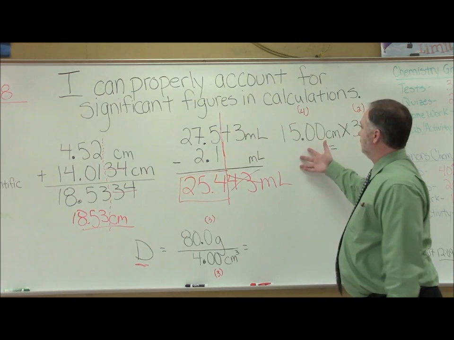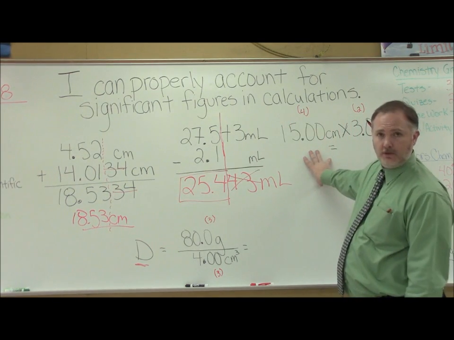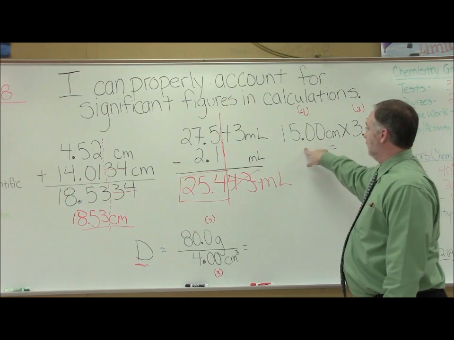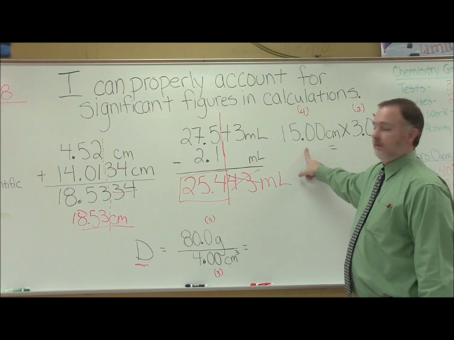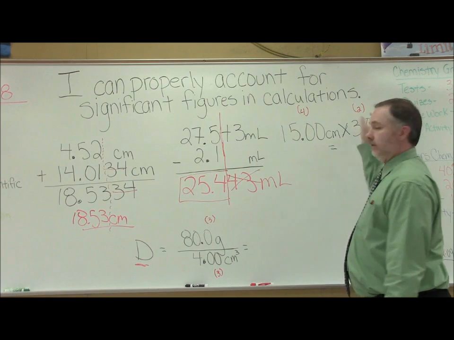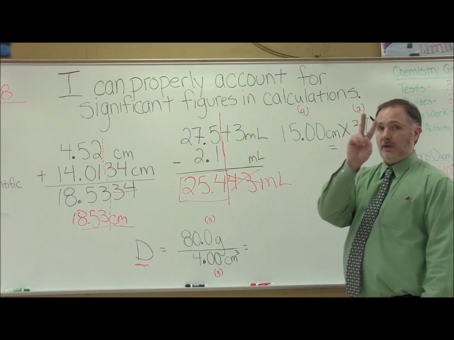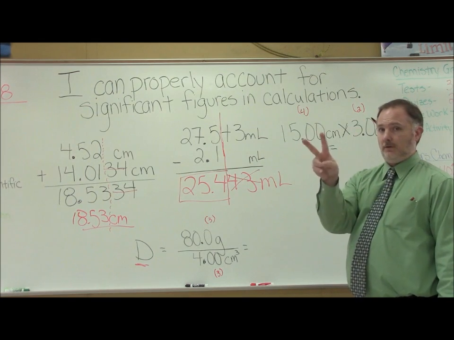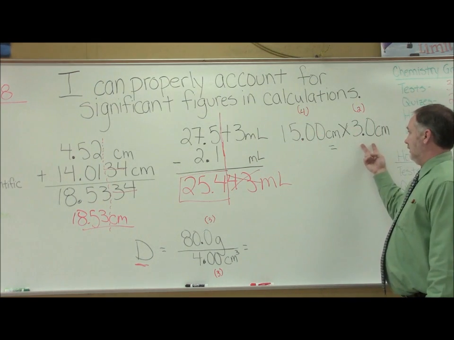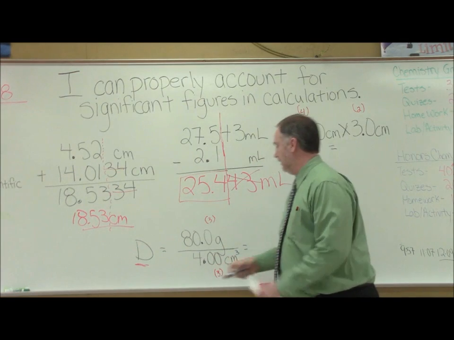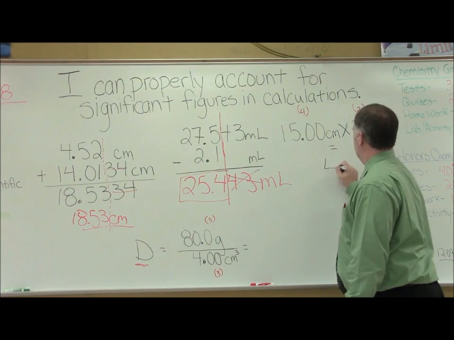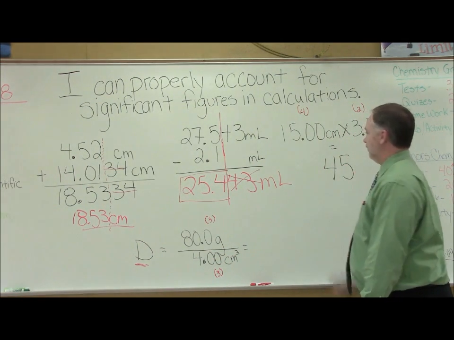Now let's take a look at our multiplication. 4 sig figs right here in that 15.00 measurement. Only 2 in that measurement. My final answer can only have 2 significant figures because there's only 2 right here. So when you multiply that together, it comes out to 45.